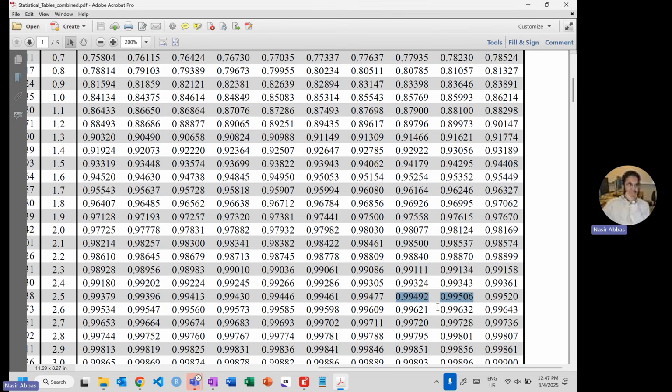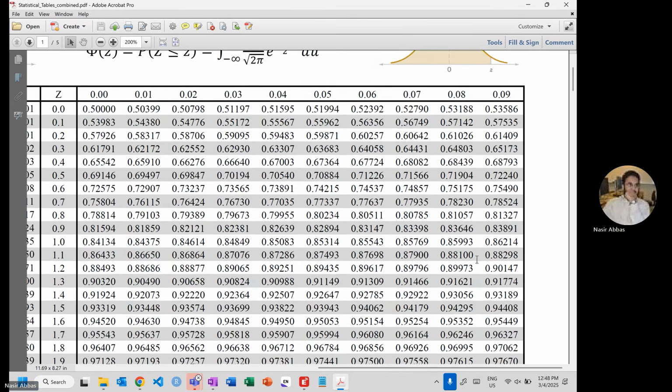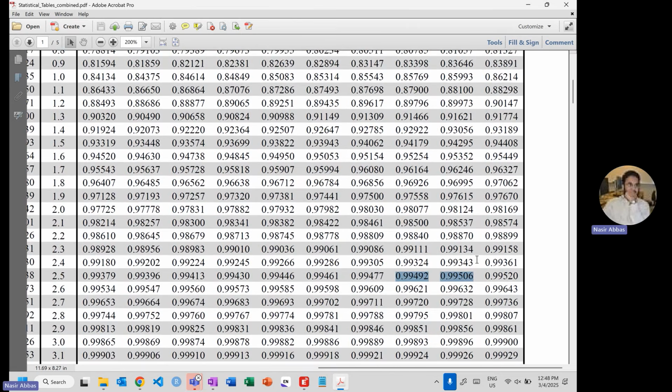No need to interpolate. Either take the closest one or take the middle. No need to go into more details. So just take 2.58, the second one, or take the middle, 2.575.